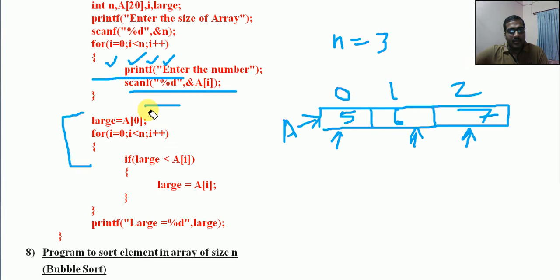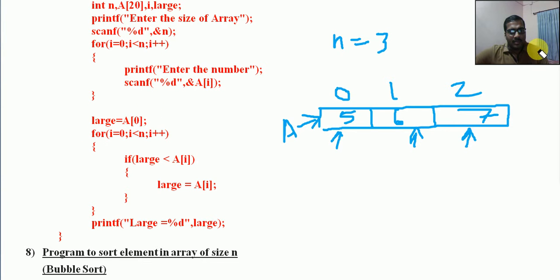Now let us see the next statement. What is happening after reading this array? We have one assignment, right? Just look at that. That is large is equal to a of 0. What was large? Large was a variable that is already declared, and we are assigning it a value a of 0.